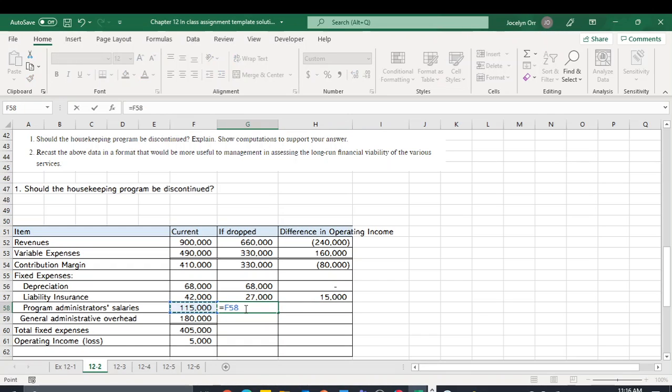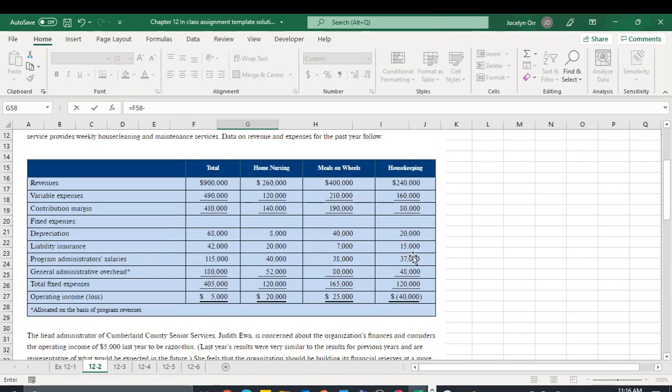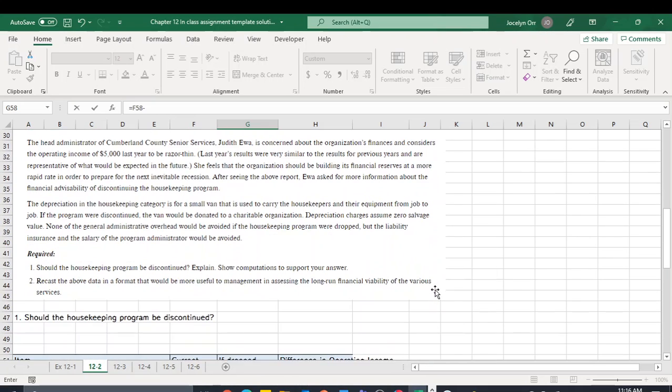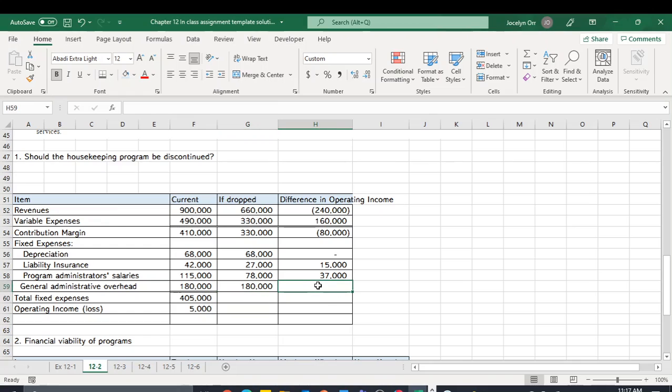Our program administrator salaries are $115,000 in total. And if we were to drop the housekeeping segment, we would reduce this cost by $37,000. And we know that our general administrative is going to remain the same, which is a difference of zero.